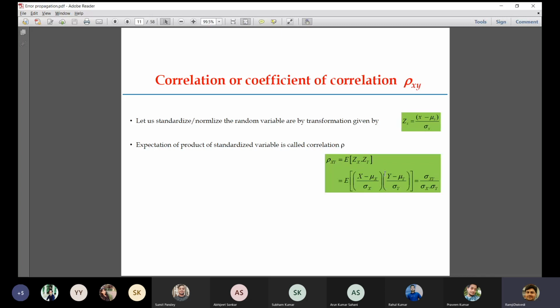When you open up zx and zy, you get rho xy is nothing but sigma xy upon sigma x multiplied by sigma y. So nothing new, just another extension of covariance.